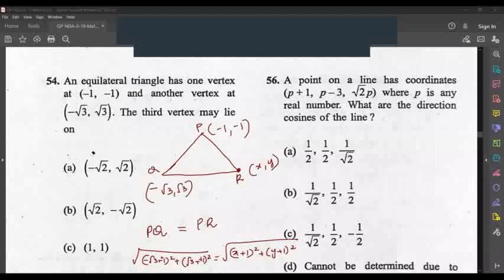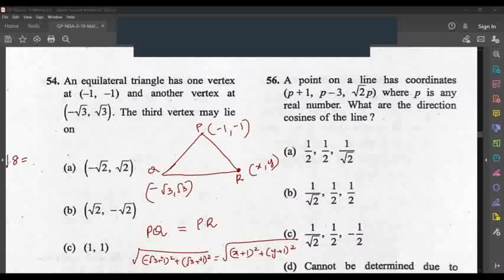Are you getting 8 or 2 root 2? Just see whether you are getting. Okay, isn't it? You get 8.